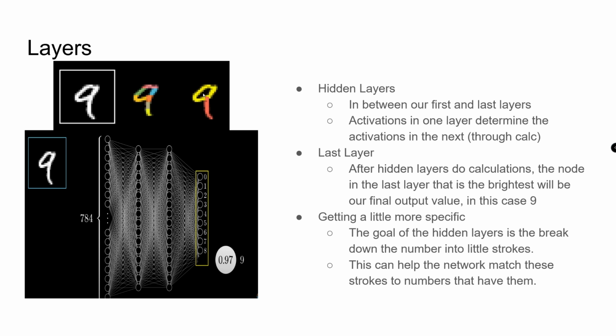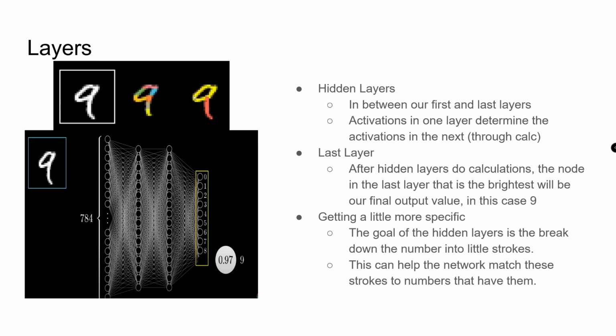Now this layer is going to be looking for bigger, broader strokes. Let's say, just for simplicity, that this first neuron in this layer is looking for a circle, a loop.